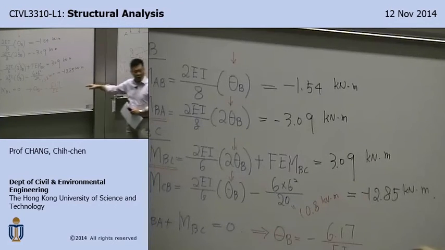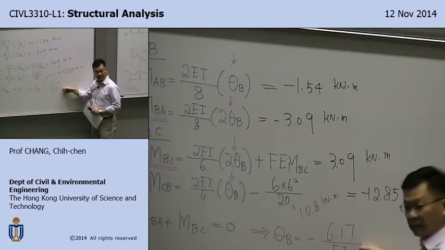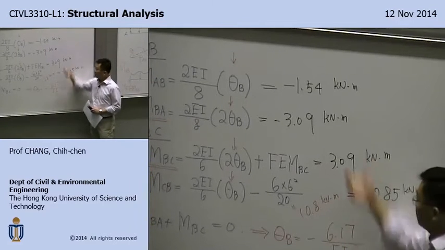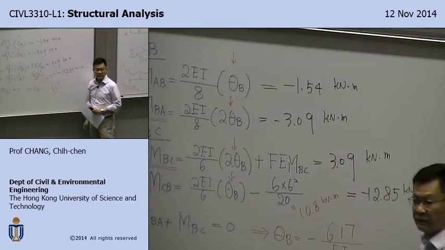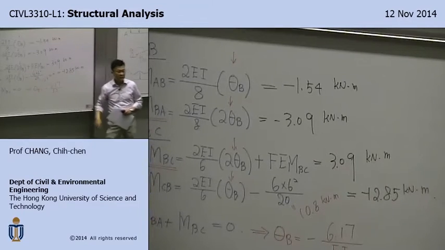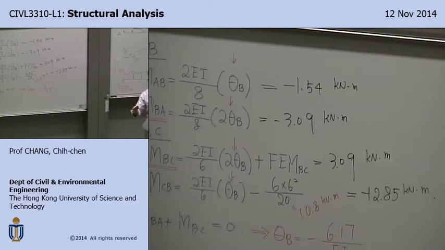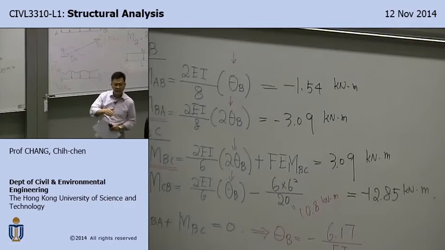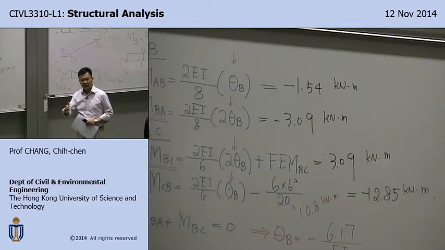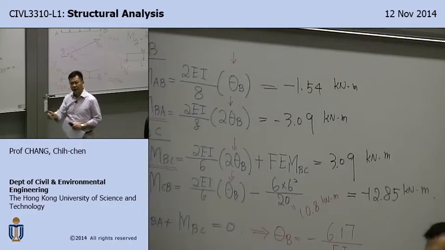There's only one unknown. Once this unknown is found, then all the solution comes out. So in comparison, if you go for the energy approach, least square approach, Castigliano theory, or you go for compatibility, you need to generate like 4 equations, or 3 equations if you take away the axial force. At least 3 equations to solve this.